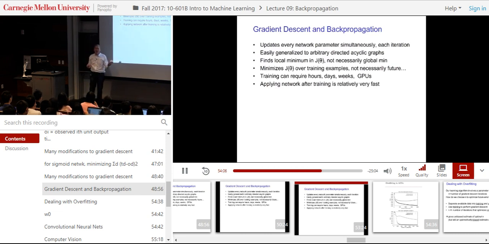If I do that on the right hardware, like a graphics processing unit, it can be very fast. The reason training is slow is that it can take hundreds of thousands or millions of iterations of gradient descent to get to the right place, to the right set of parameters. But after you've trained it, then applying it, you only, of course, just do one evaluation of the network.